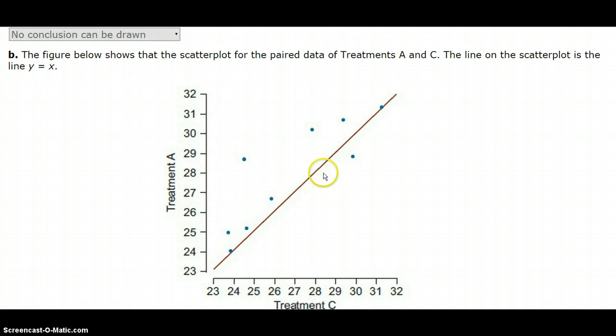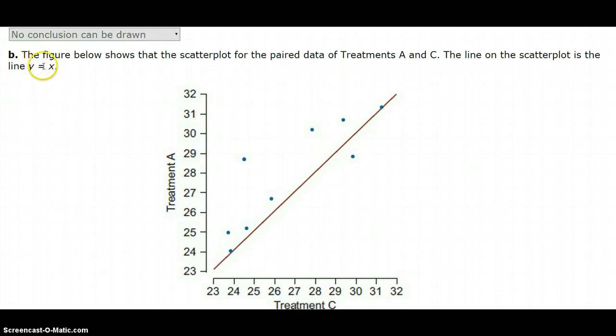Obviously, we could get a better fitting line if we moved it up a little bit, maybe rotated it a little bit. Right now, the only one below is there, and we should have the ones above and below balancing each other out if we're dealing with a line of best fit. So it's not a line of best fit.